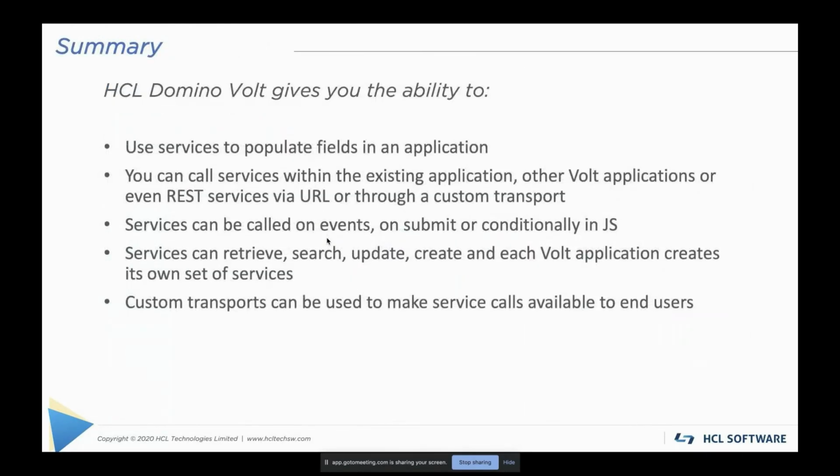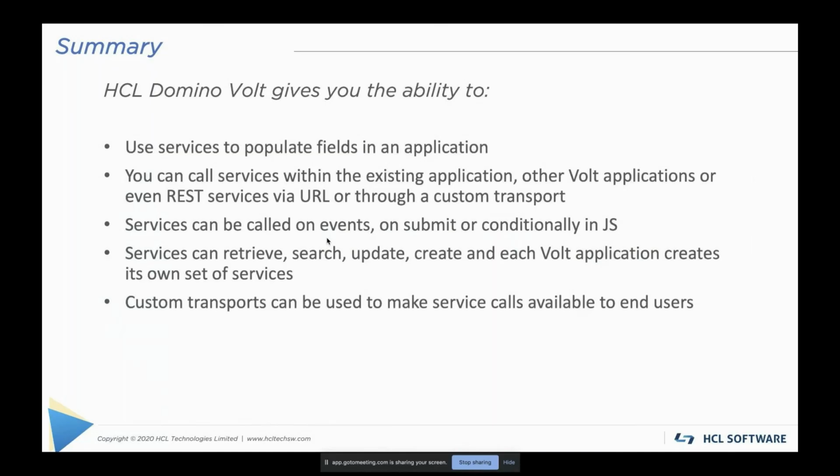So to kind of wrap up here, obviously you can use services to populate fields. We talked about populating a drop-down list. We talked about populating individual fields based on selections. So go retrieve a specific record and return that and populate your form. You can use services within the existing application, like when I looked up the departments, that was within the same application.